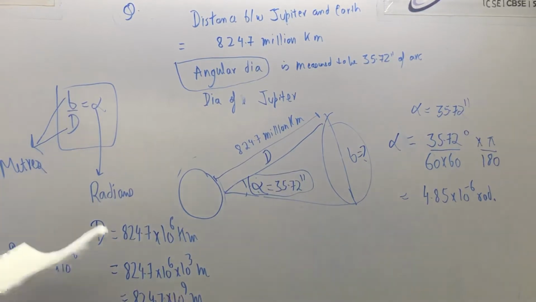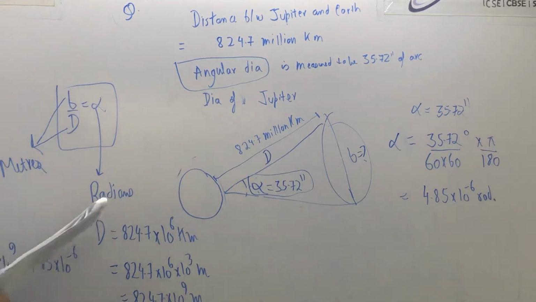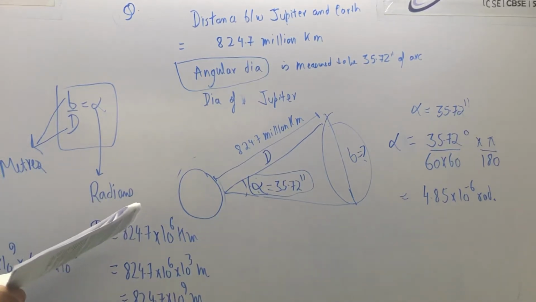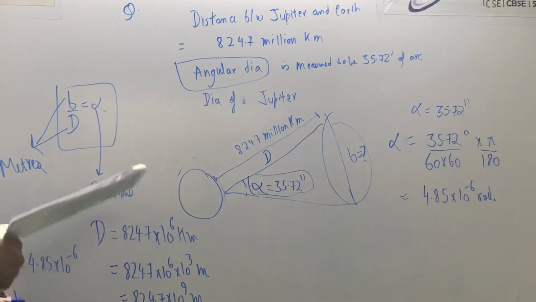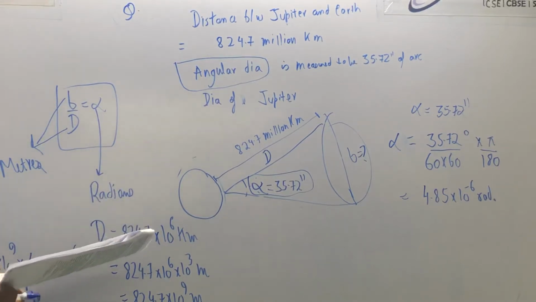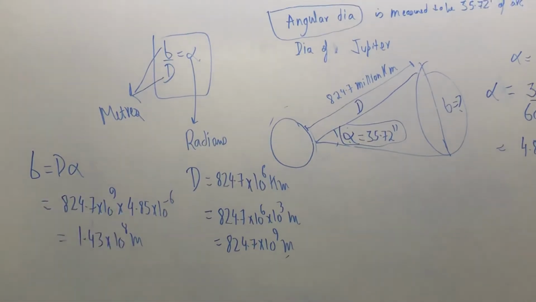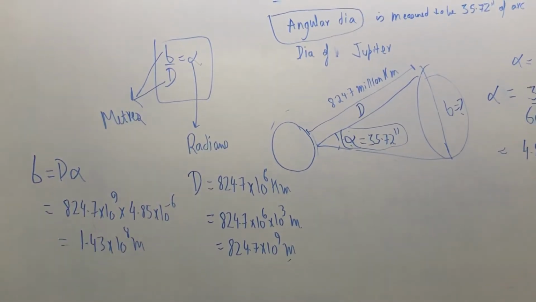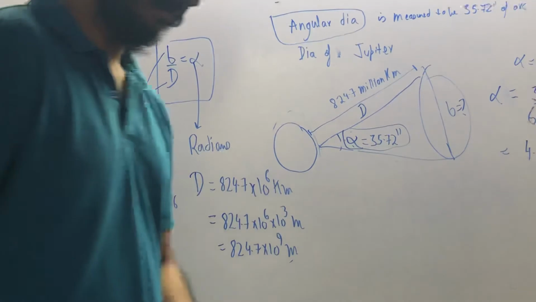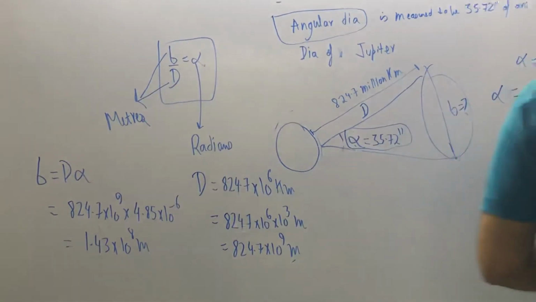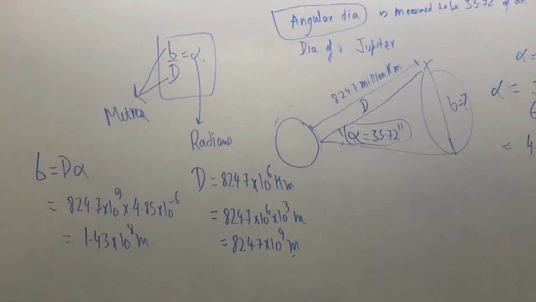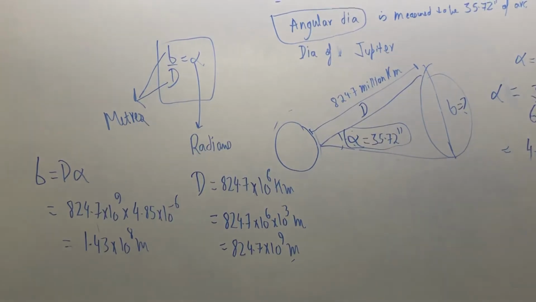So this approximately comes out to be 1.43 into 10 raised to the power 8. This is the answer here. So this was this question. This is a good question, they can ask in exam.